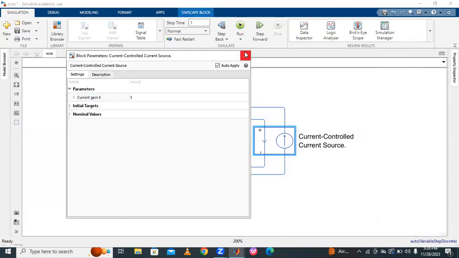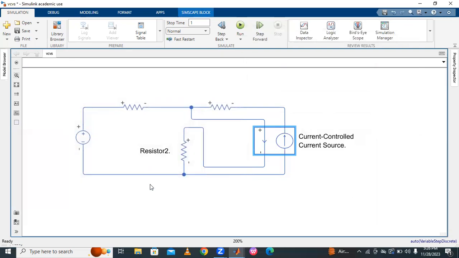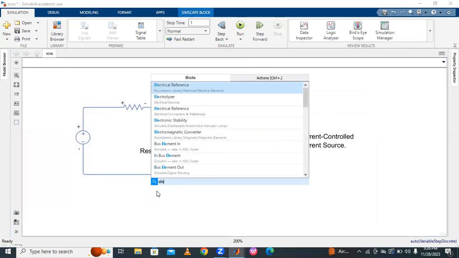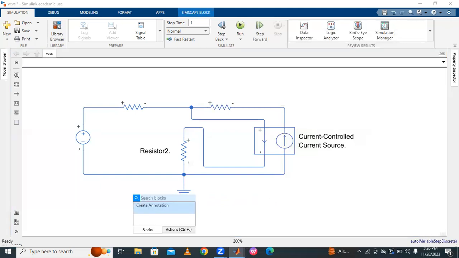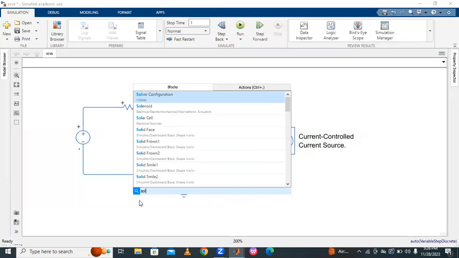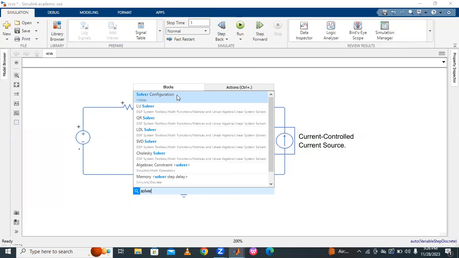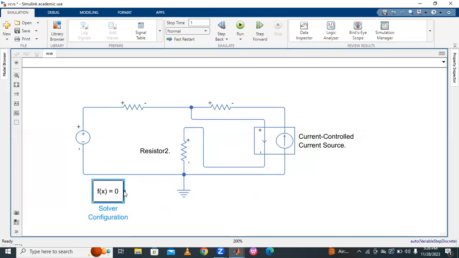This is the current source and the gain is 3. Take one electrical reference and connect it to the ground. Then take one solver configuration and place it here, connecting the solver configuration in this way.